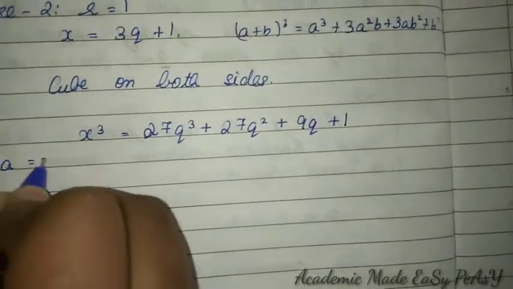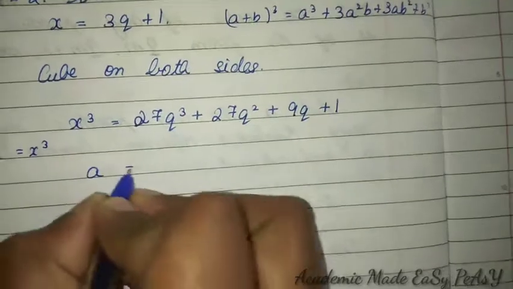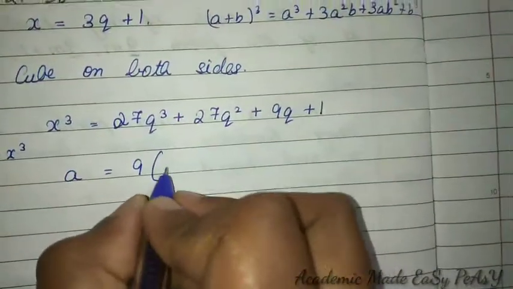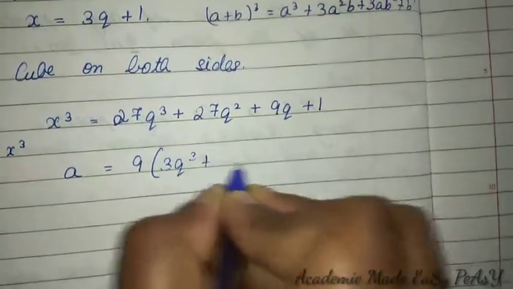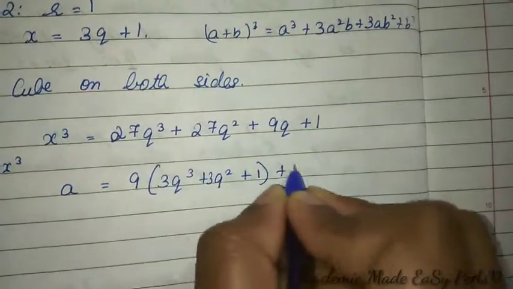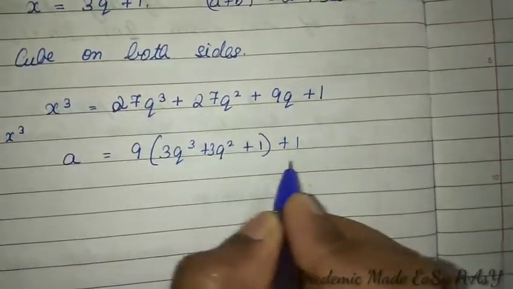So a is equal to x cube. I will take 9 common, so here I will have 3q cube plus 3q square plus q, plus 1. Now I have it in the form of 9m plus 1.